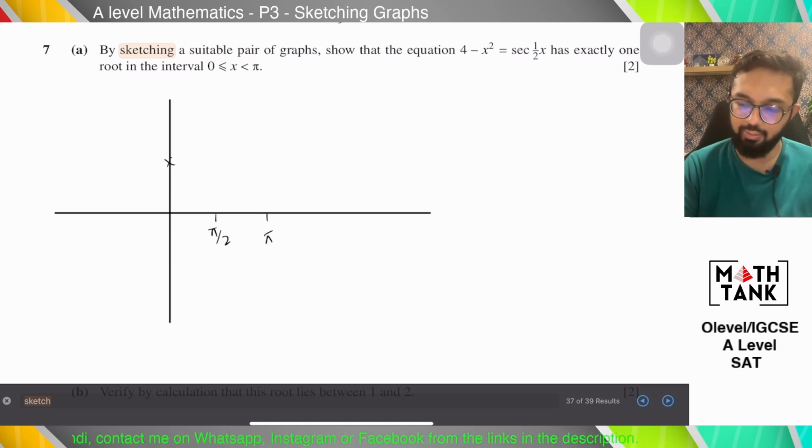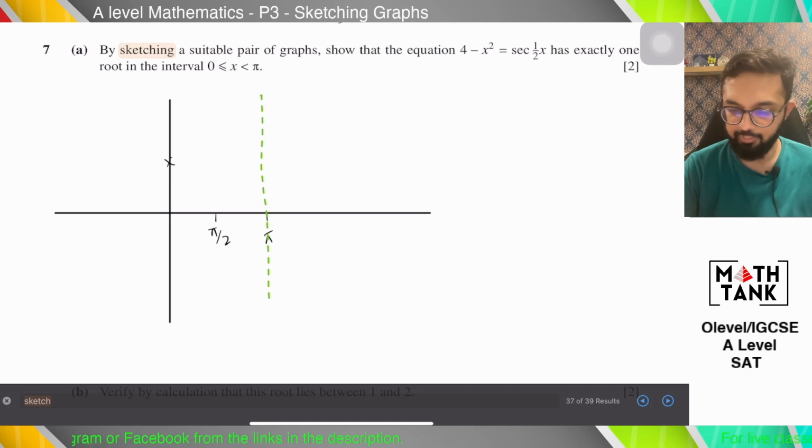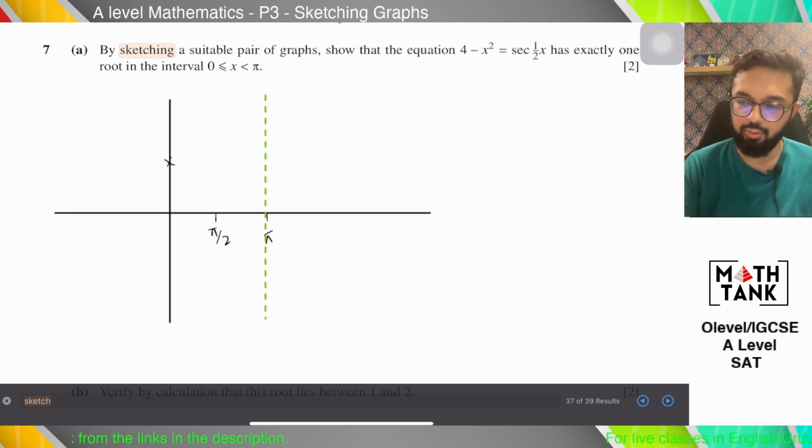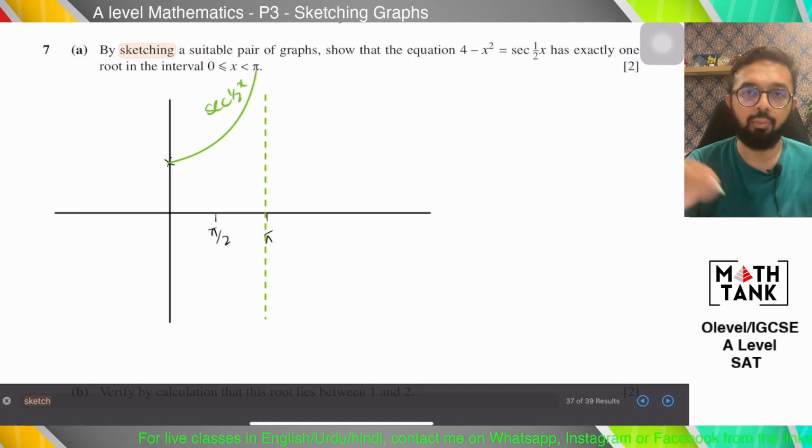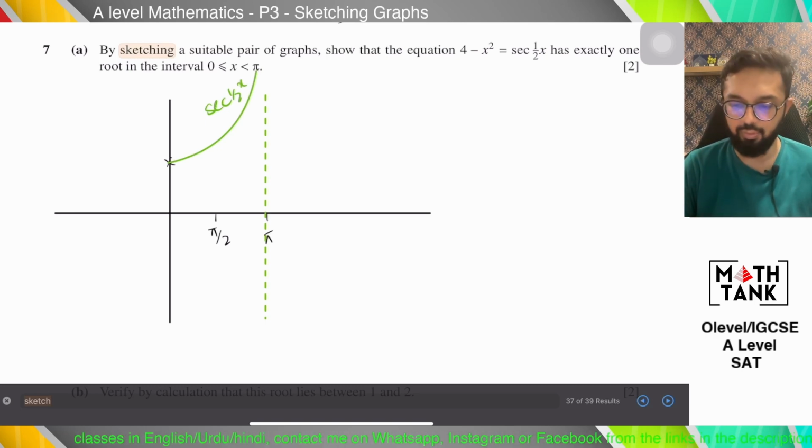So sec half x should look with an asymptote at pi. It should look something like this. Okay, so that is sec half x. You think about cos half x first and then transform it to sec half x.